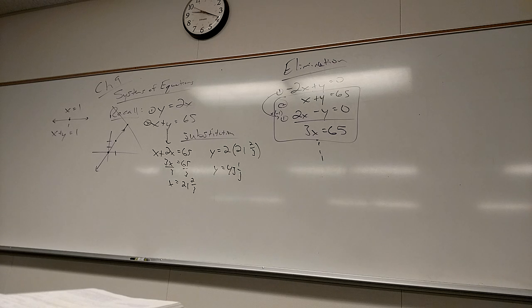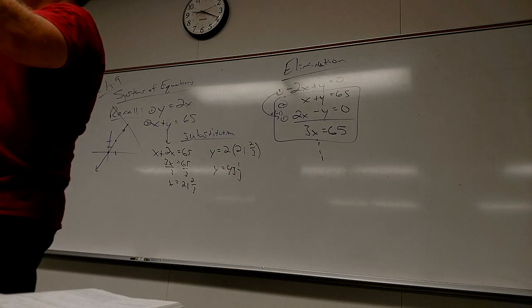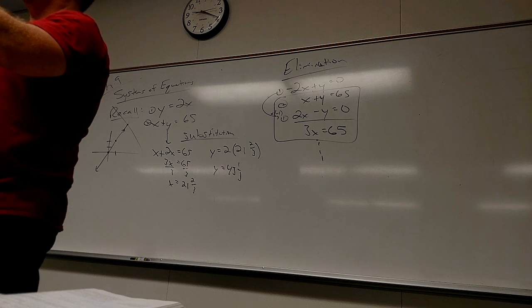Now, do two lines have to always meet? You could have a situation where there's no solution. What if they were actually on top of each other? If the answer is where they meet, then the answer for this is all the points on the line. Two planes don't have to touch each other. Two planes could be like this, which is why you want parallel planes, just to not hit each other.